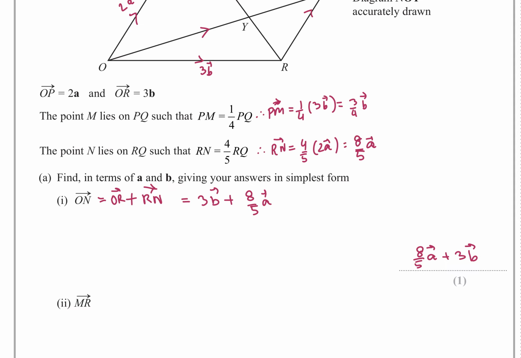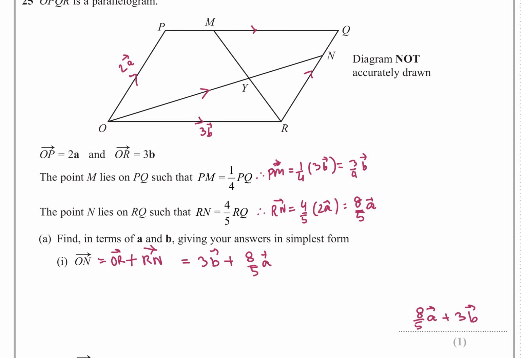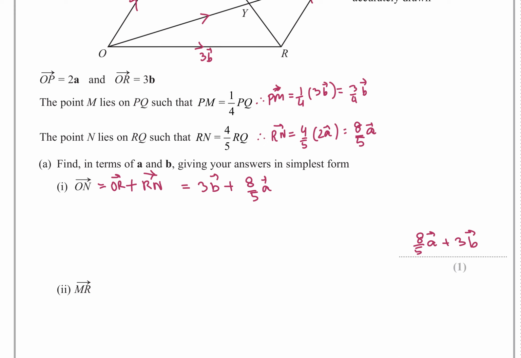We now need to find MR. This is MR, in this direction. I can say MR plus RQ is equal to MQ.